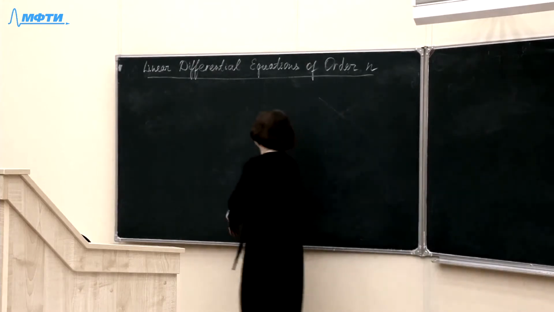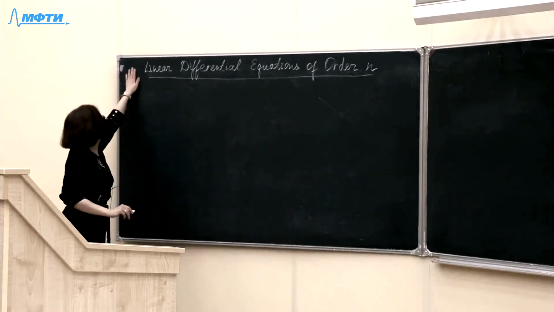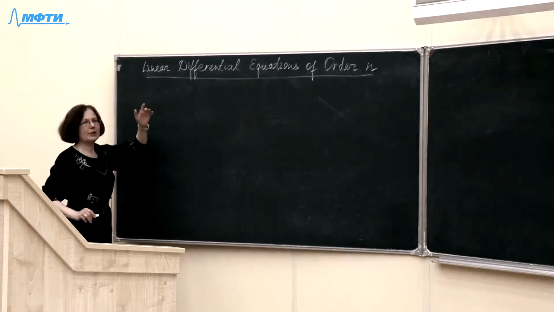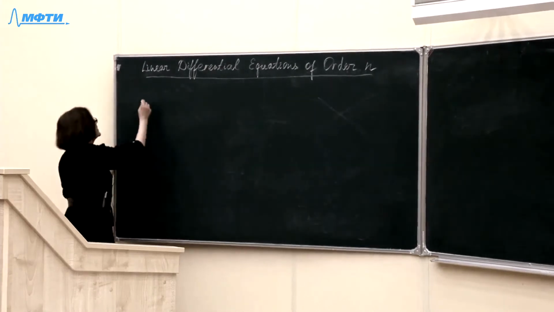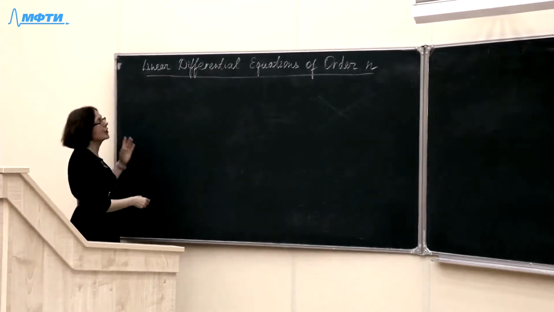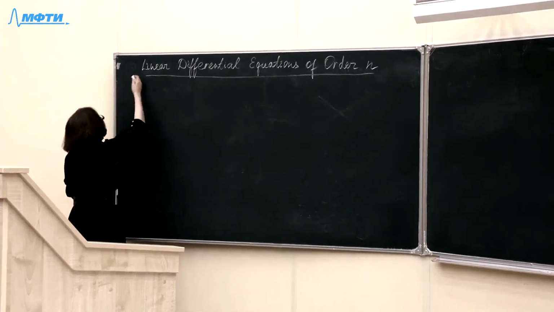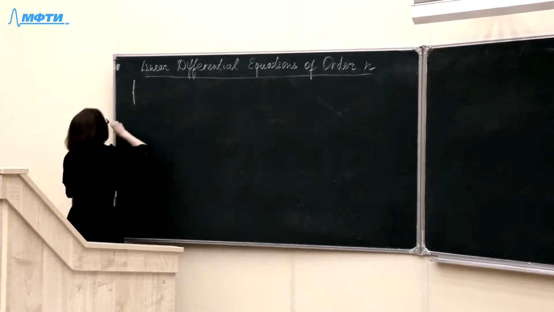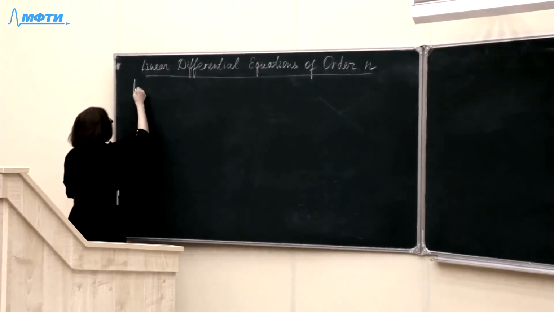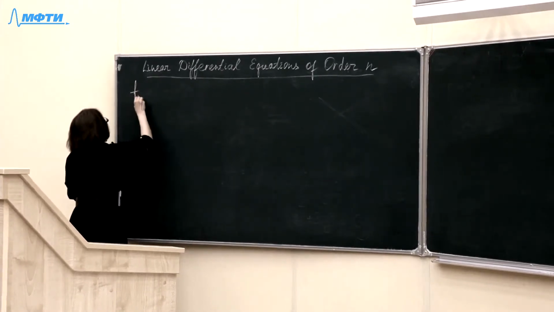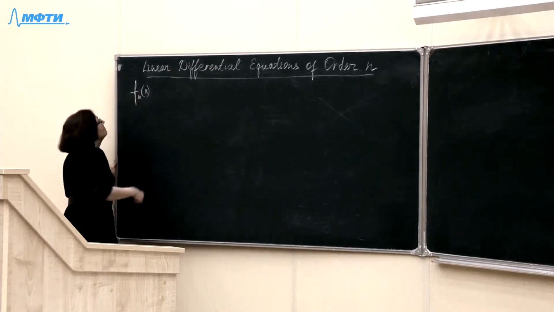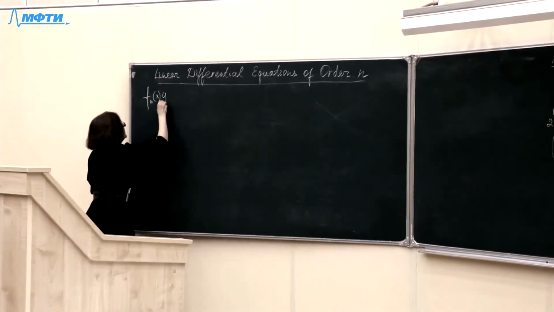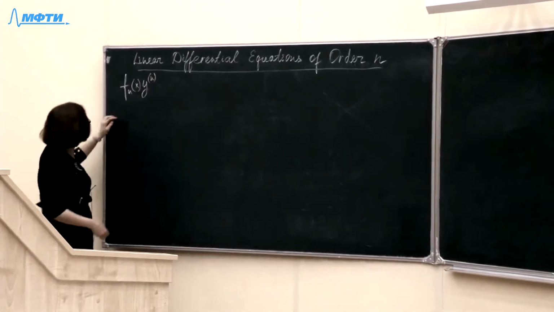And first of all, we will consider for maybe 2 or 3 lectures linear differential equations of order n. What does it mean? We will consider the equation of the following type. The coefficients, so it will be of this form.